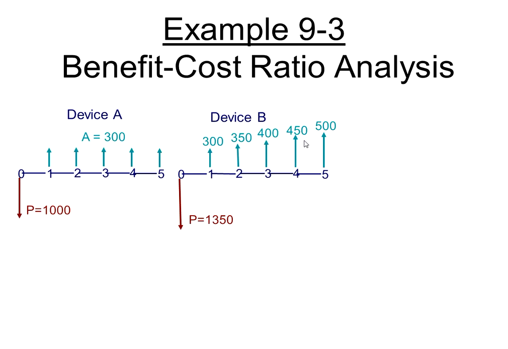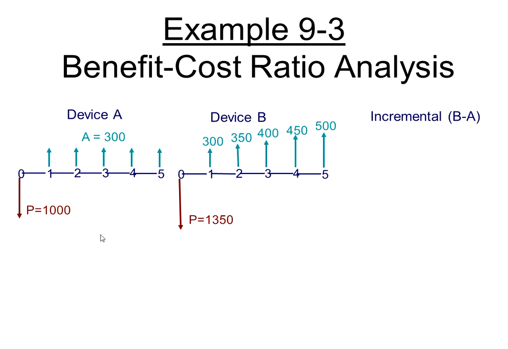Again, we're going to apply benefit-to-cost ratio analysis. The question is, what are our benefits? Well, benefits are these savings. The arrows pointing up are the benefits, and the arrow pointing down is the cost. Like I mentioned, when comparing alternatives, we do an incremental benefit-to-cost analysis.